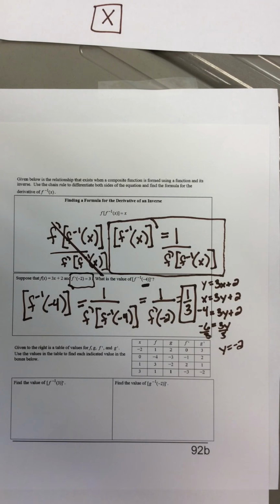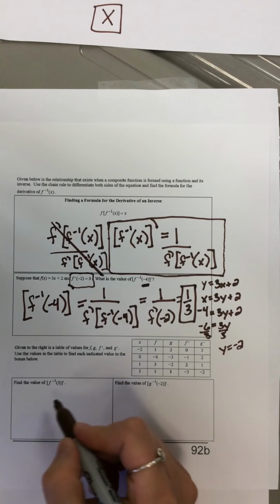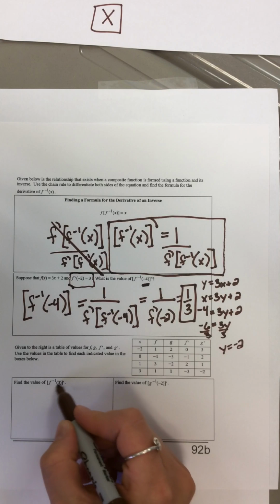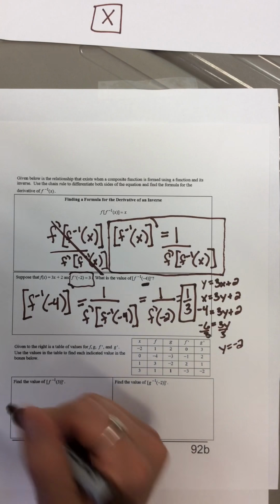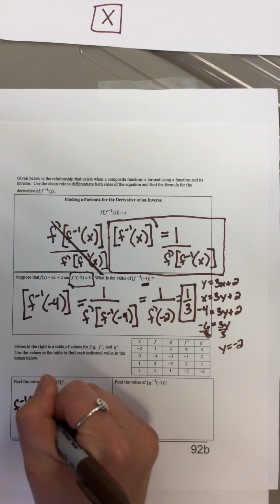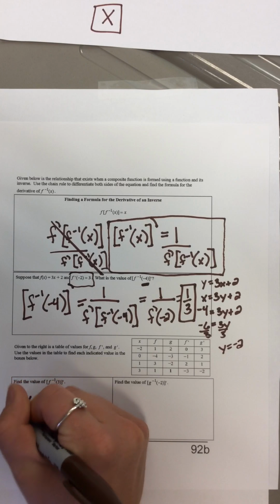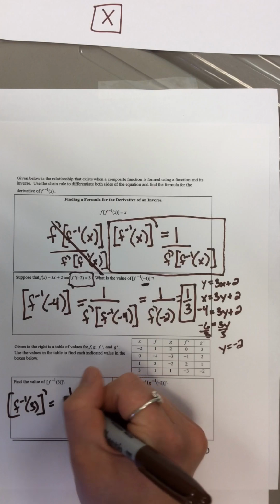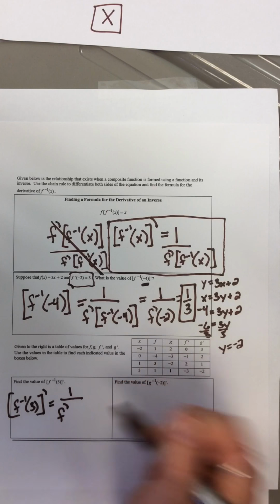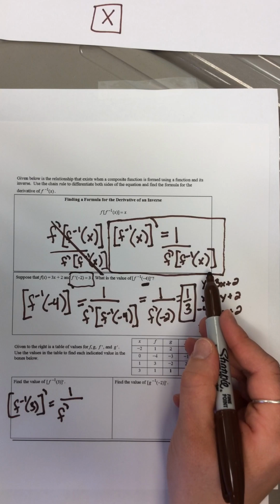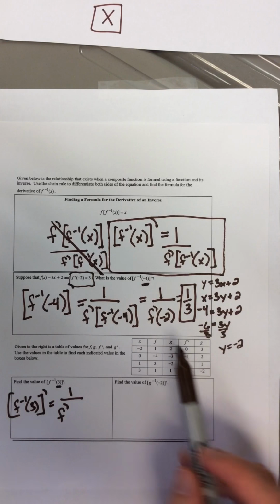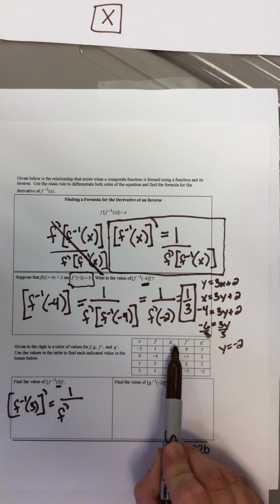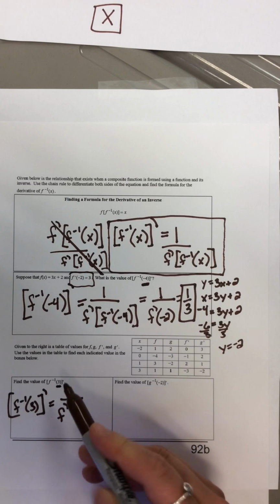Okay, the next one, it's saying find the value of the derivative of f inverse at 3. So if I go back up here to the formula, that means for f inverse of 3, finding the derivative would be 1 over f prime of f inverse of x. This is 3, right? So over here, all I can see is I've got f, g, f prime, and g prime.